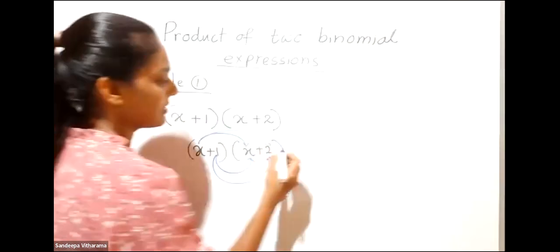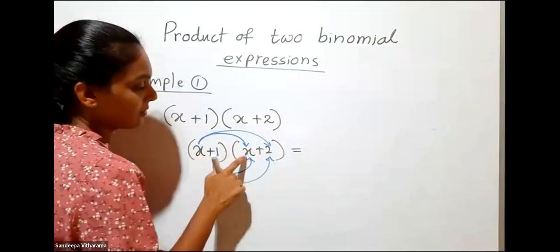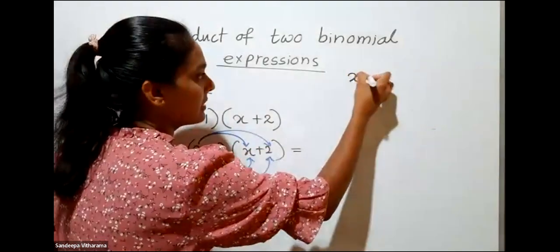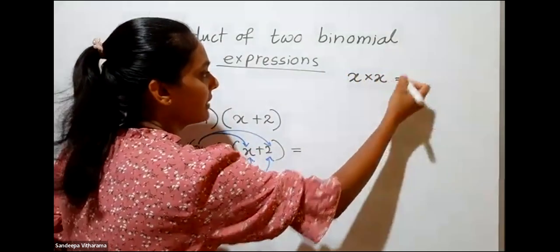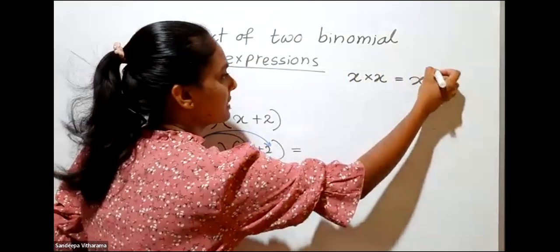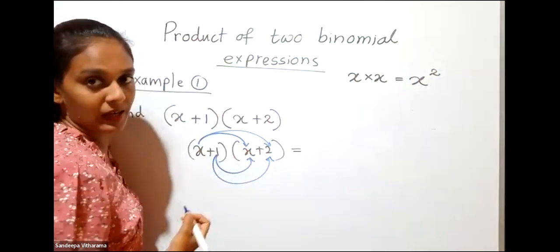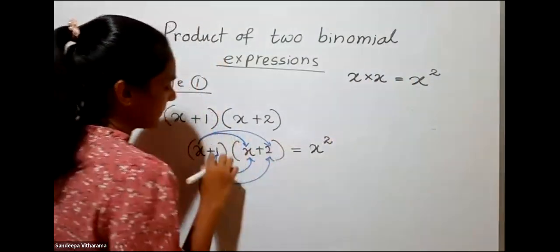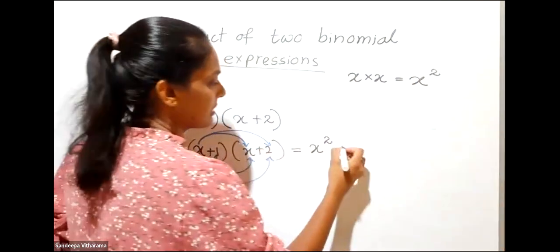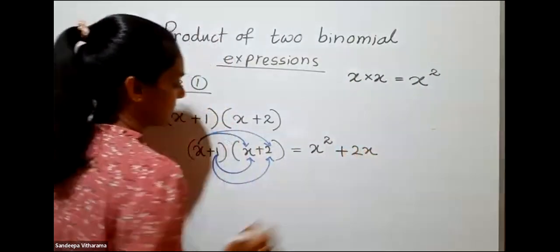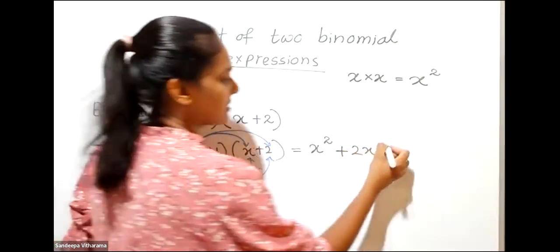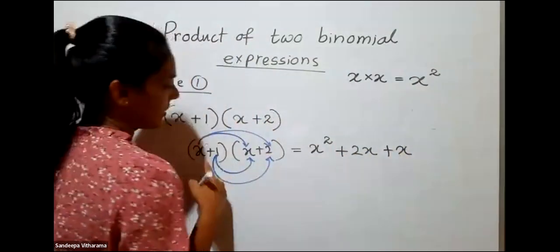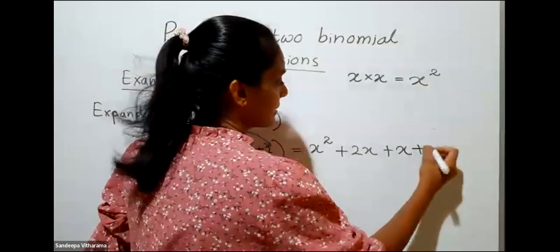The answer you will get is x into x. When we multiply like terms, we obtain power terms. It is x squared. x into 2 is 2x, 1 into x is x, and 1 into 2 is 2.